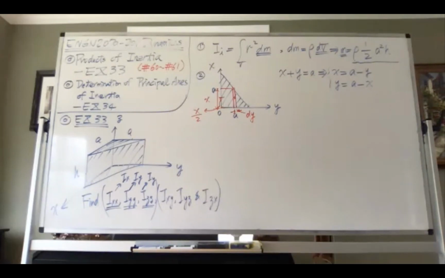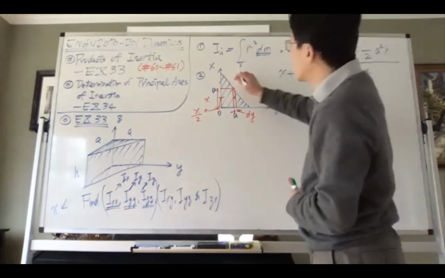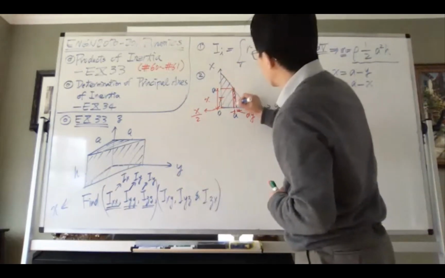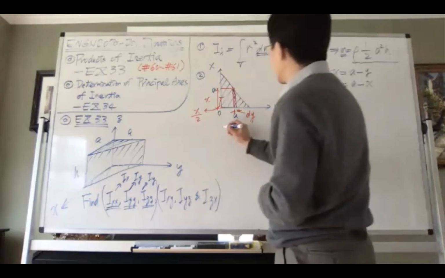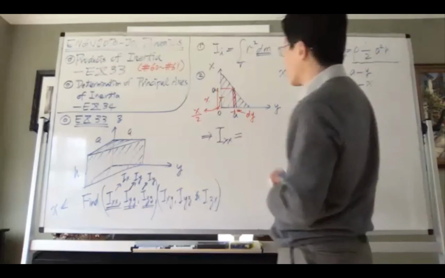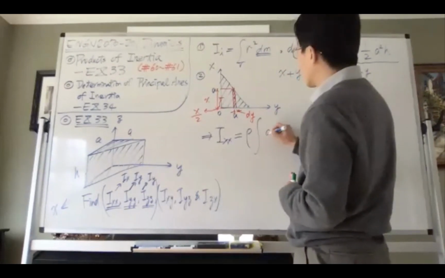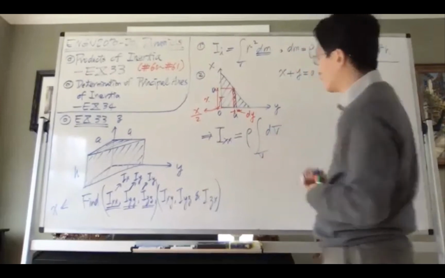So let's start with the first one. Now we're going to integrate the whole thing using this unit volume. So Ixx equals to, remember, mass density, take it out, and integrate dV for the entire volume.